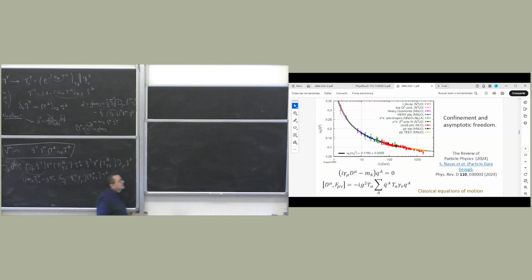That I have obtained just taking the Hermitian conjugate of this and multiplying by gamma 0, right? And now you're going to have another one coming from this derivative, okay?